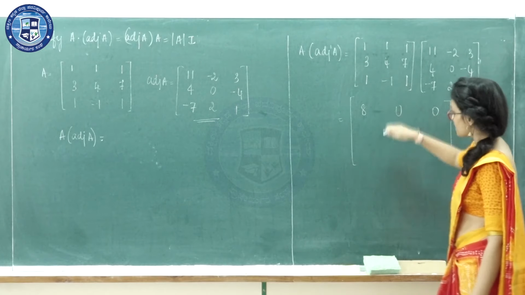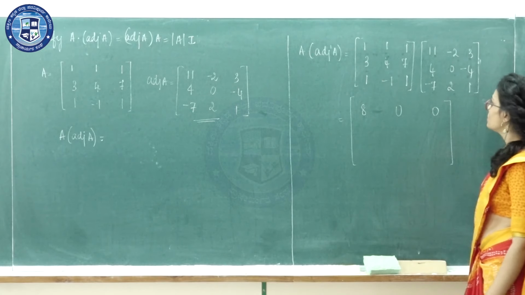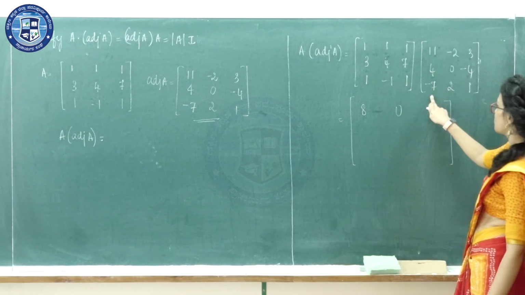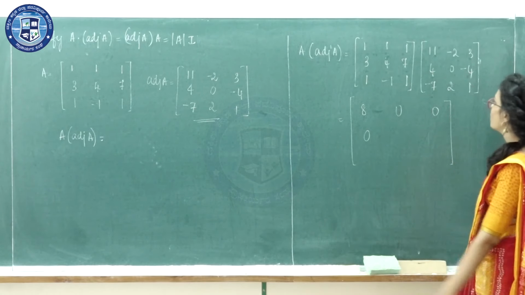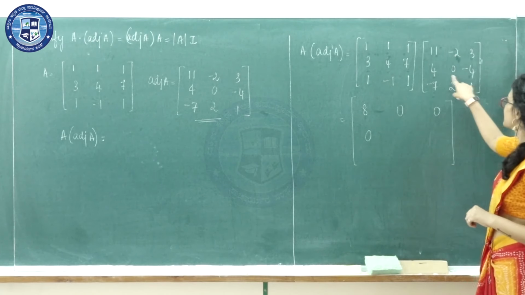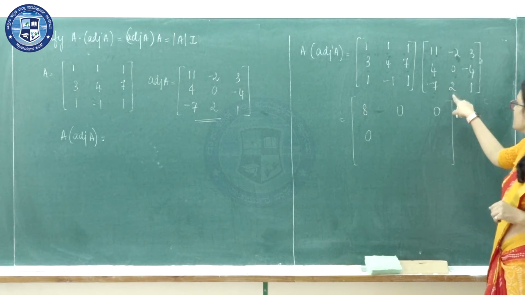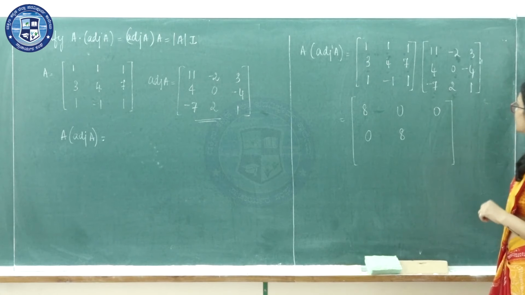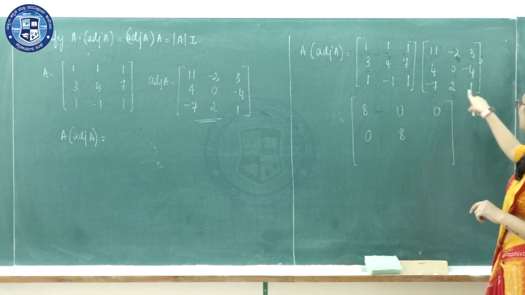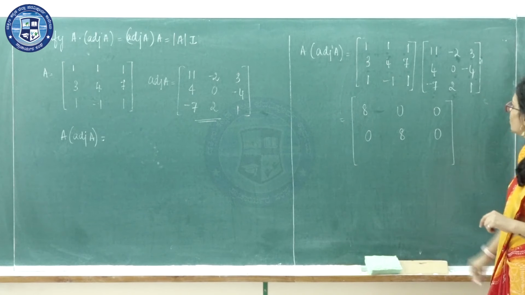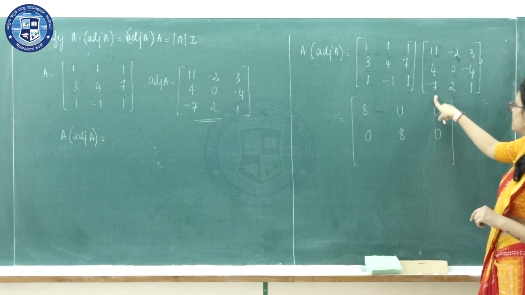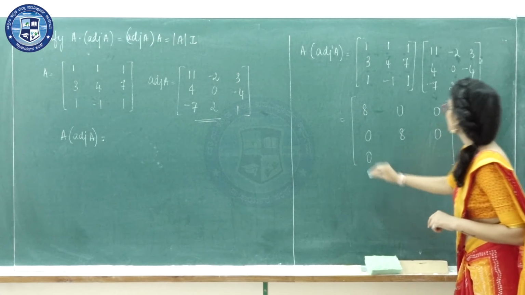So now let us multiply the second row with the first column. We get 33 plus 16 minus 49, 0. The next term minus 6 plus 0 plus 14 is plus 8. Next term 9 minus 16 plus 7 is 0. Here 11 minus 4 minus 7 is 0.